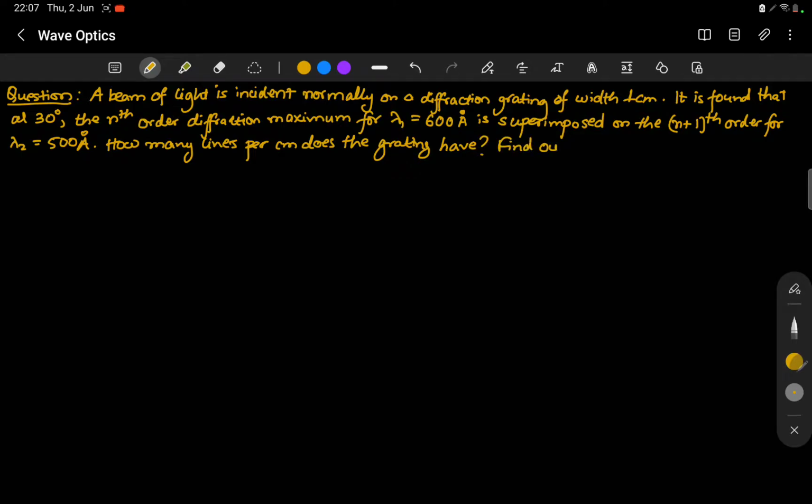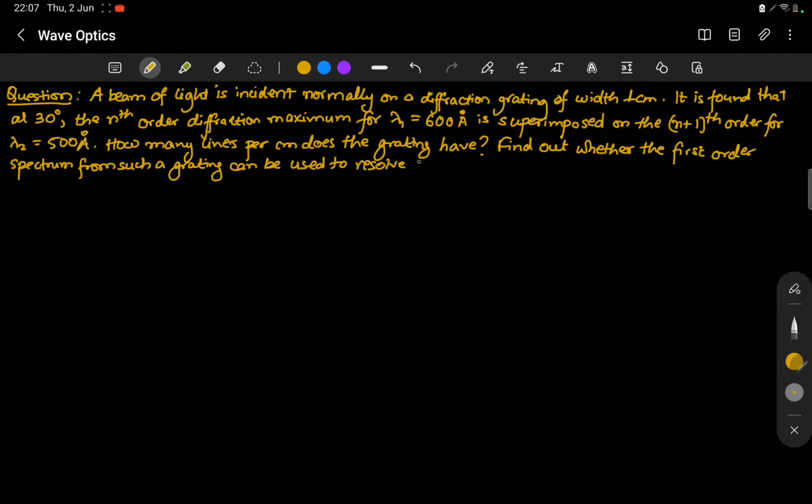Find out whether the first order spectrum from such a grating can be used to resolve the wavelengths lambda 3 equal to 5800 angstroms and lambda 4 equal to 5802 angstroms.